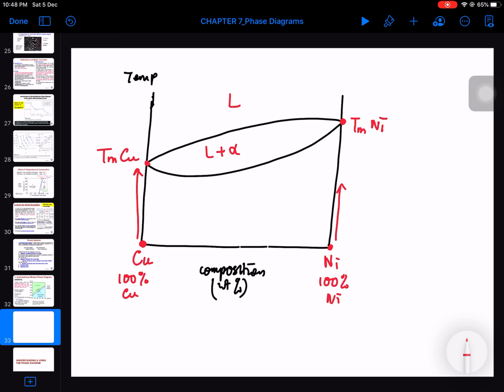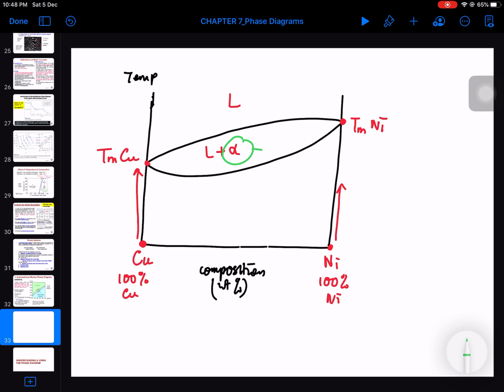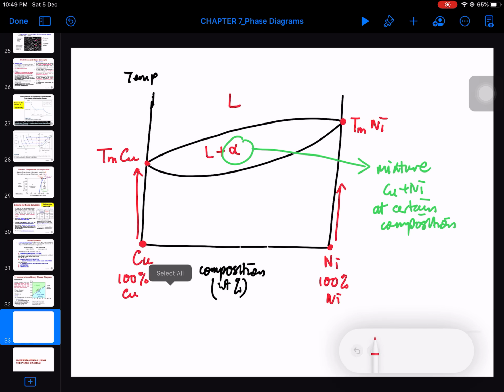The alpha is the mixture, the combination between copper and nickel, at certain composition. It depends on what the composition is. And as it goes down, the last phase is the alpha phase.